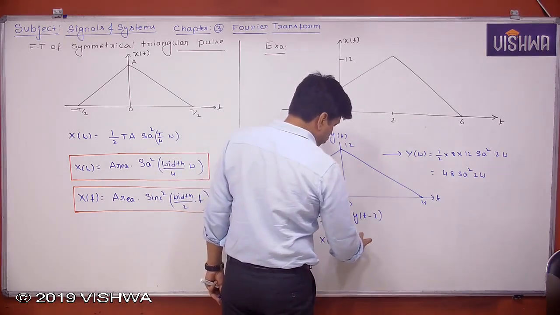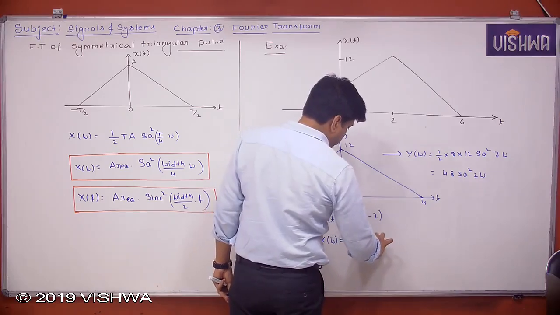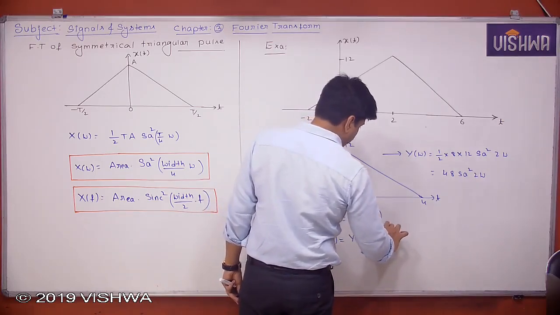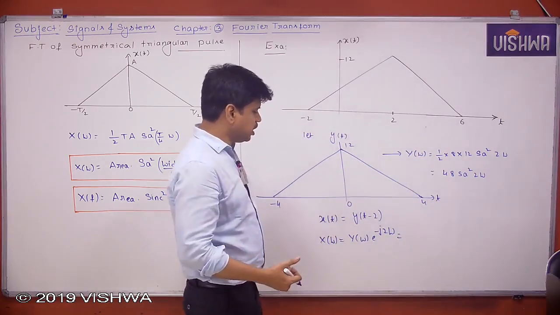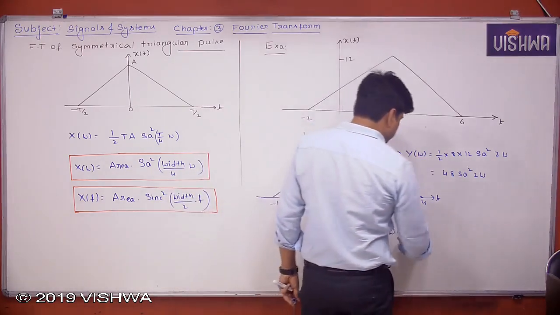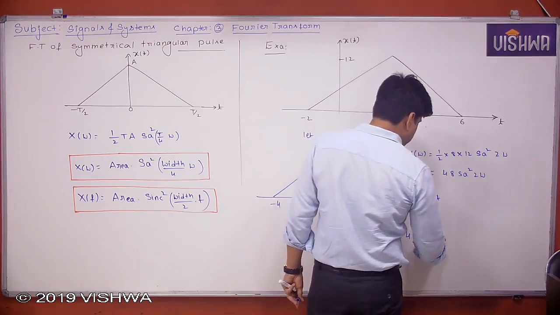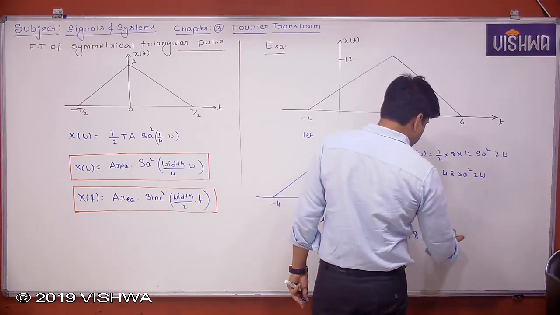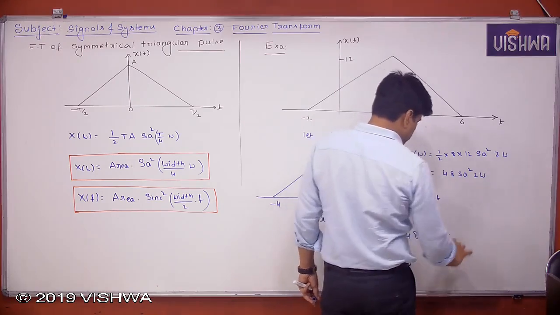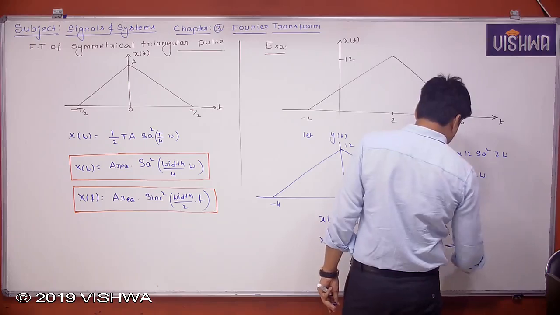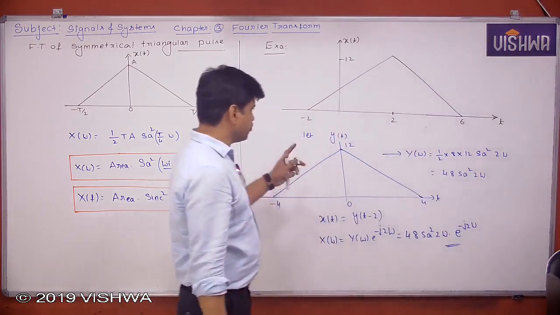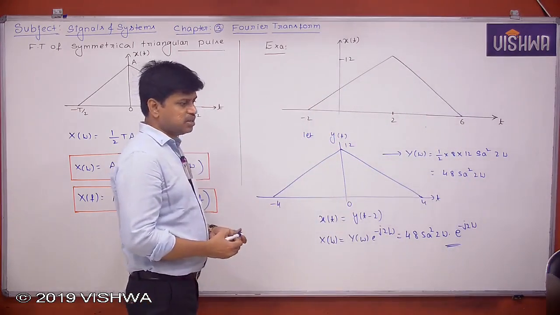It is Y of omega e power minus j 2 omega. So simply Y of omega has to be multiplied with e power minus j 2 omega. So 48 sampling square 2 omega into e power minus j 2 omega. So this is the Fourier transform X of omega. Clear? Take it.